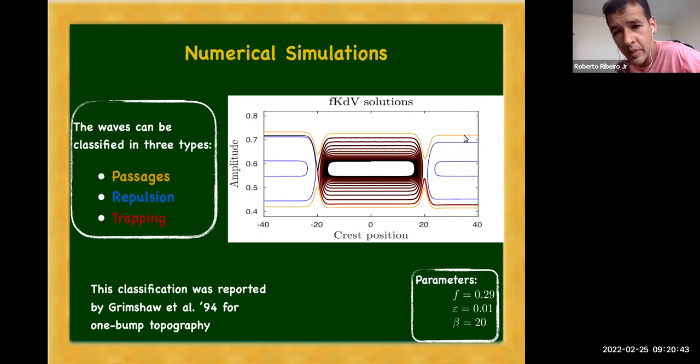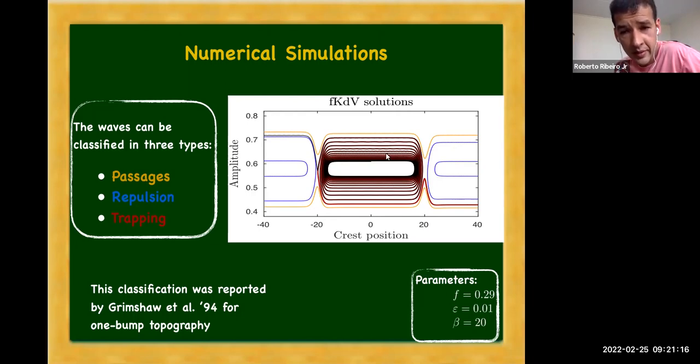Now let's assume that we pick a wave that is here in this yellow line. This wave that starts here will just pass over the bump located at position 20, then travel, pass over the next bump, and keep traveling. So this kind of wave we call passage waves.